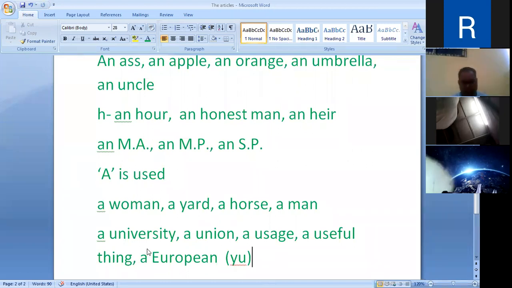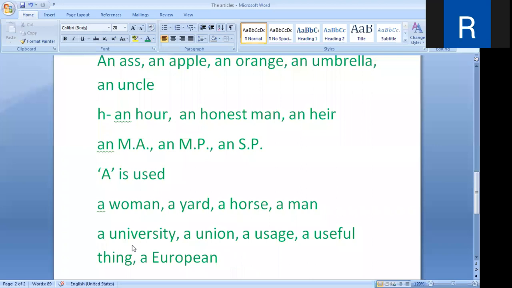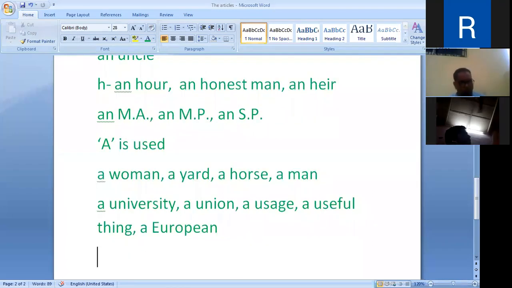A university, A is used here. A is used before a word with the sound of W-U.